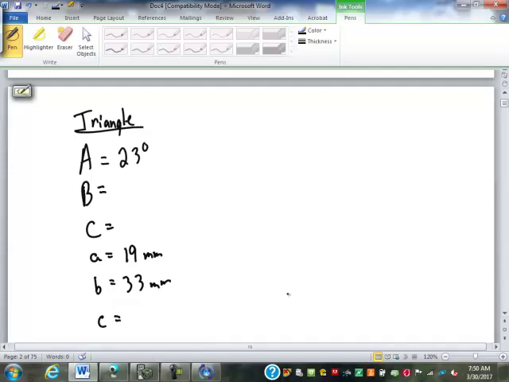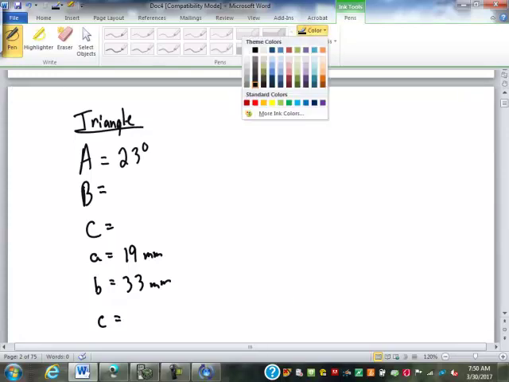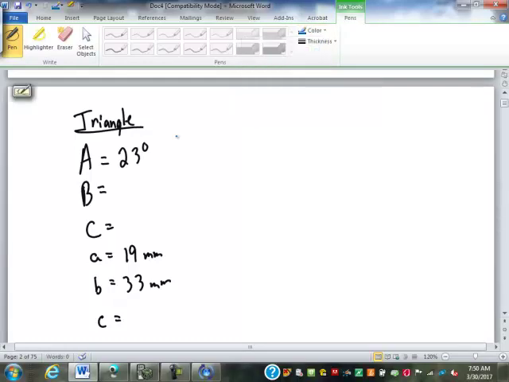Okay, so what I'm going to do here now is I'm just going to give you the pieces. I'm not even going to draw the triangle. Looking at this information, can anybody tell me what the problem is?